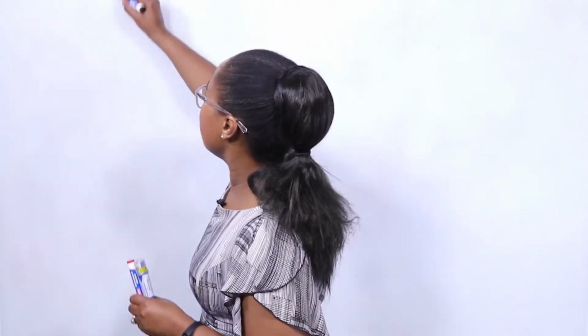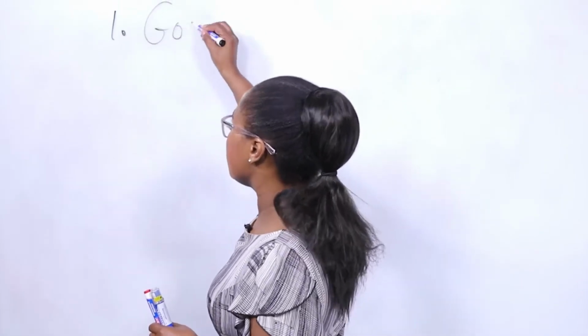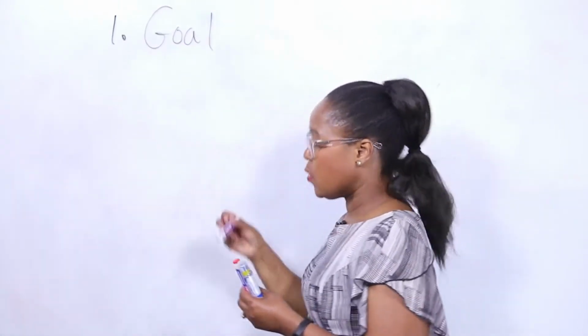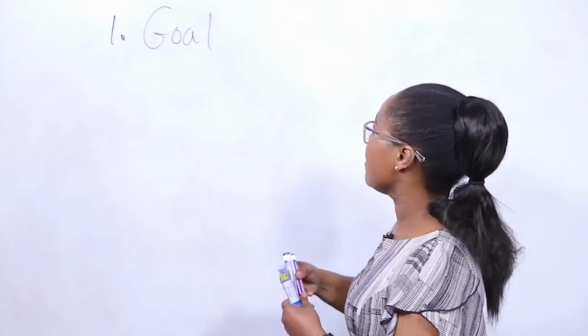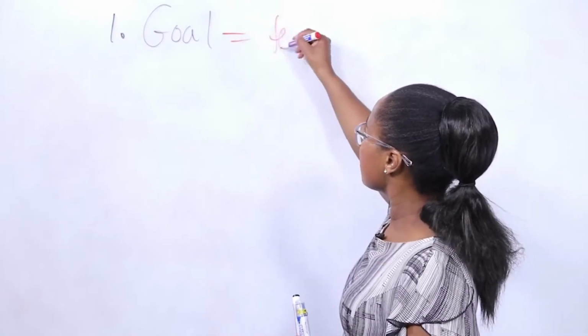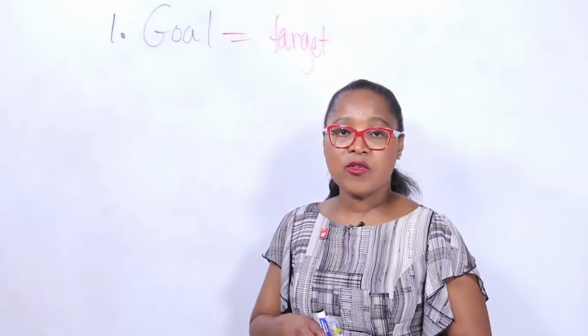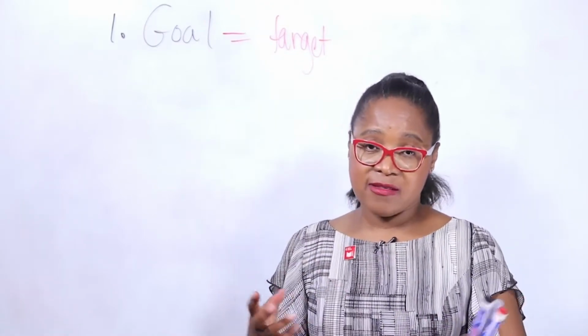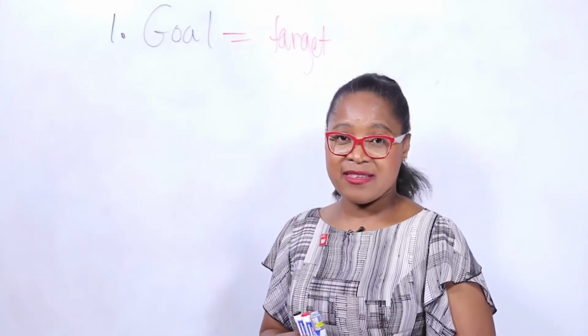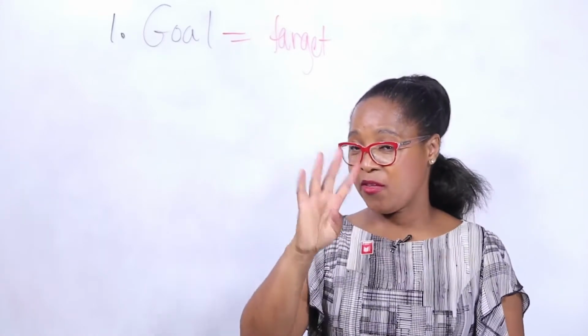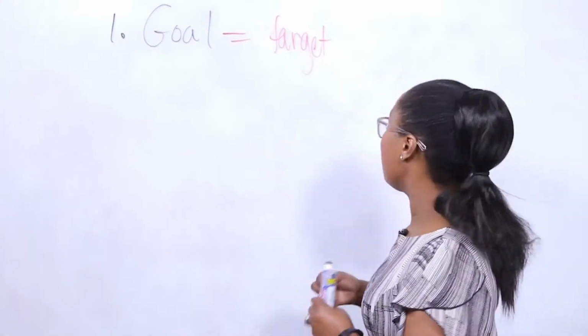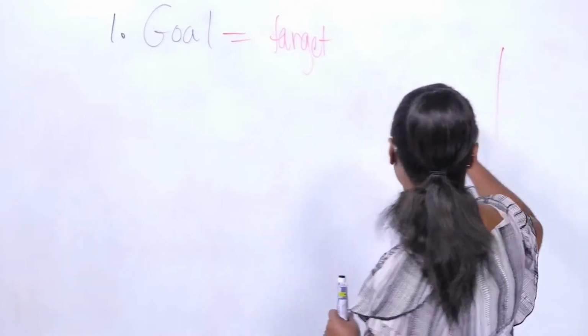If step 1 is setting up a goal, then in that goal, you're going to need to have a target. Now, because we're dealing with finances, remember in finances, we only deal with 4 things. Same principle applies. So maybe let's have this here.